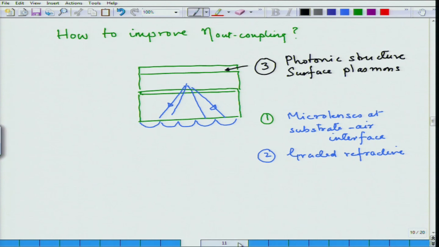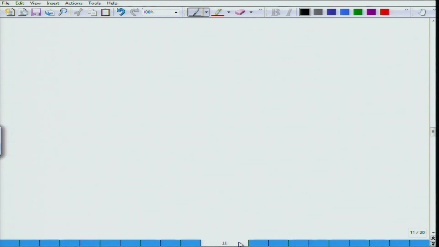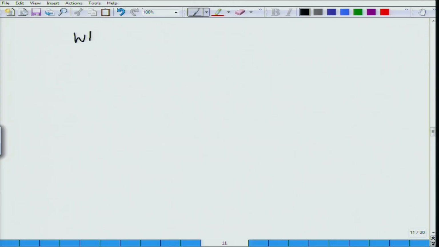So, finally, let us discuss another challenge in the area of white OLED. The challenge in the white OLED is how do we make white color.